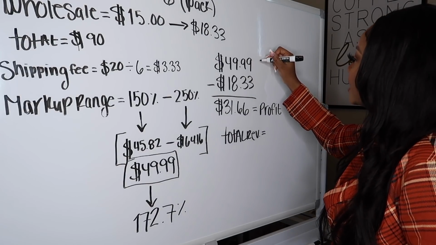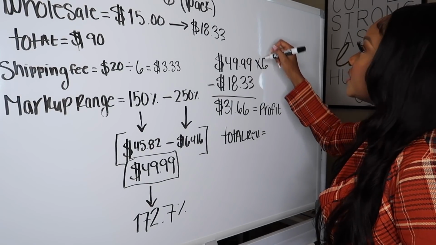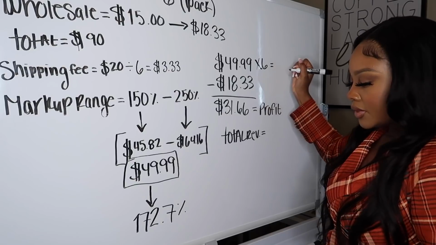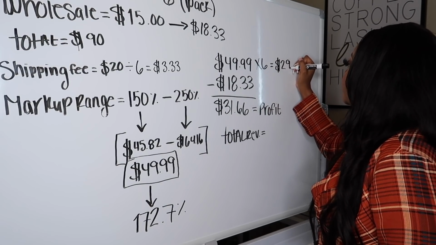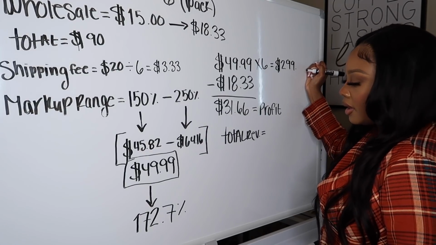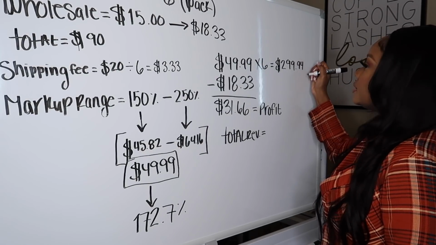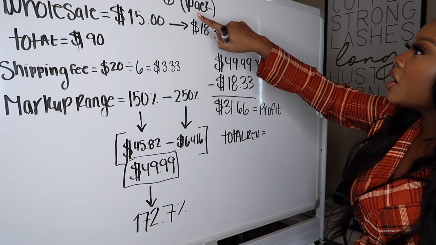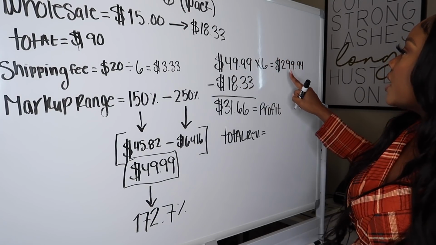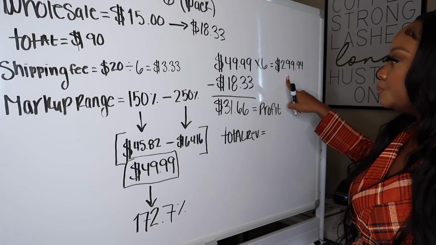We're going to times it by 6 because we have 6 products. That's going to give us a total revenue of $299.94. Because we are selling the product at $49.99, we have 6 of them. That is going to be our potential revenue.